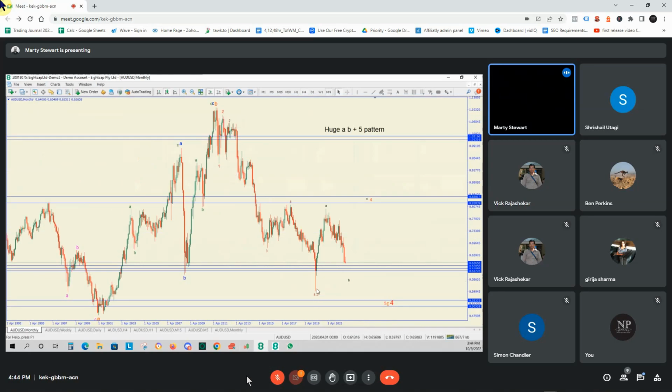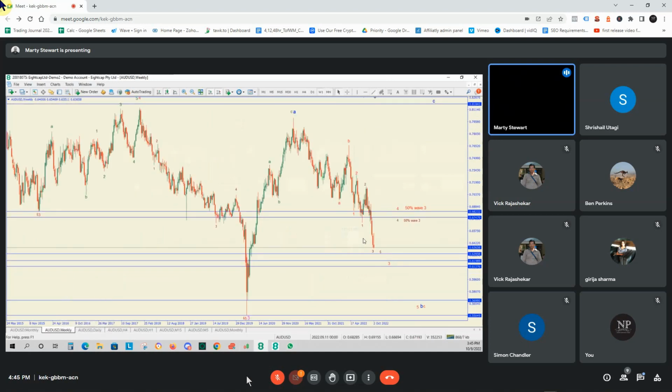Our 3, I've changed my analysis a bit to say that this is a 3 here. So we could have an A, possibly a B down to in here somewhere, and then a C up into this area here. So you could possibly be seeing something like this on our monthly chart.